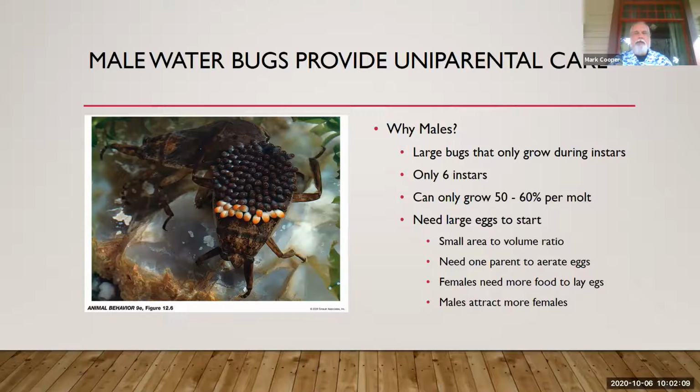It turns out the male, being a bit larger, has a better ability of aerating the eggs. And the females also watch, and the males that are more nursing, more caring, tend to attract more females. So there is also a selection pressure for it.